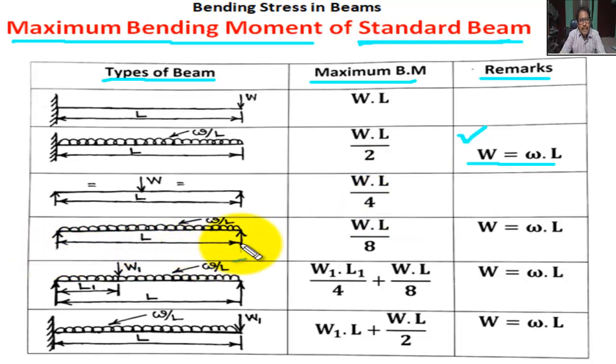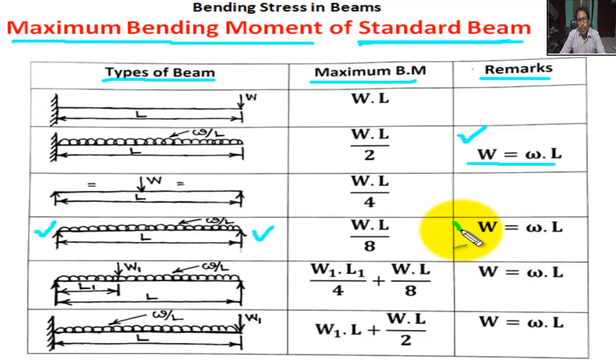This is a simply supported beam, supported at this pin end and this pin end. This is the UDL load. Total length capital L. Omega is the weight per unit length.